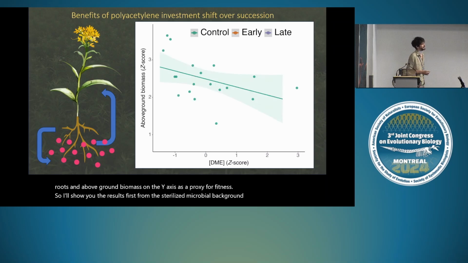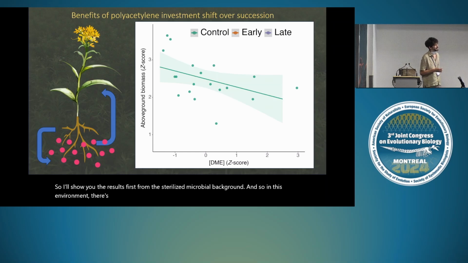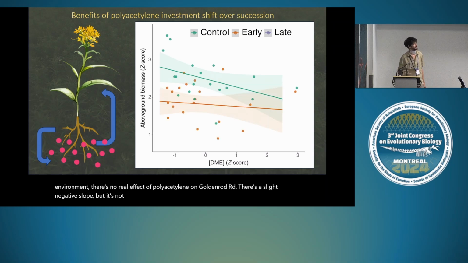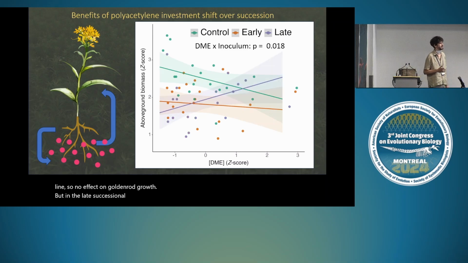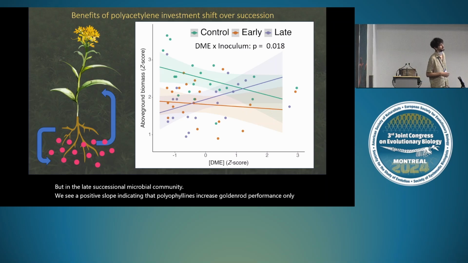In this environment, there's no real effect of polyacetylenes on goldenrod growth. There's a slight negative slope, but it's not significant. Similarly, in the early successional background, we get a flat line, so no effect on goldenrod growth. But in the late successional microbial community, we see a positive slope, indicating that polyacetylenes increase goldenrod performance only in this late successional microbial background.